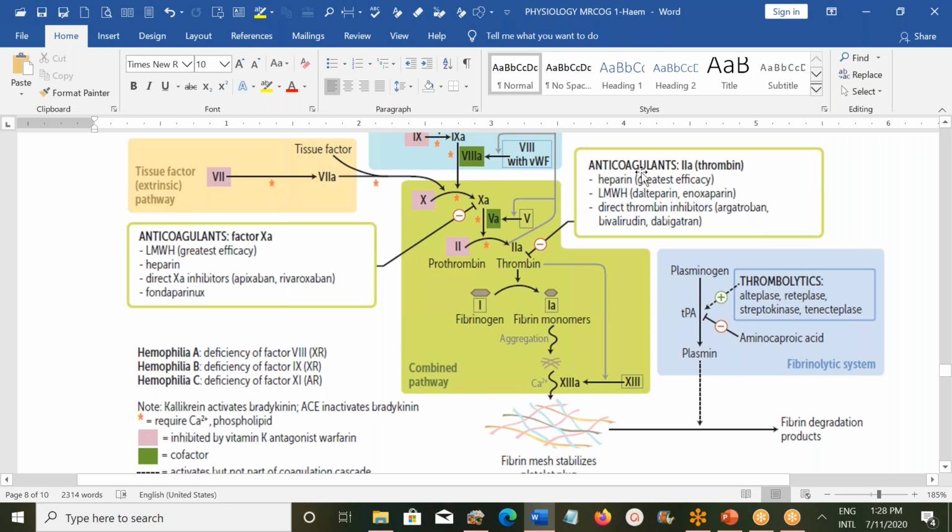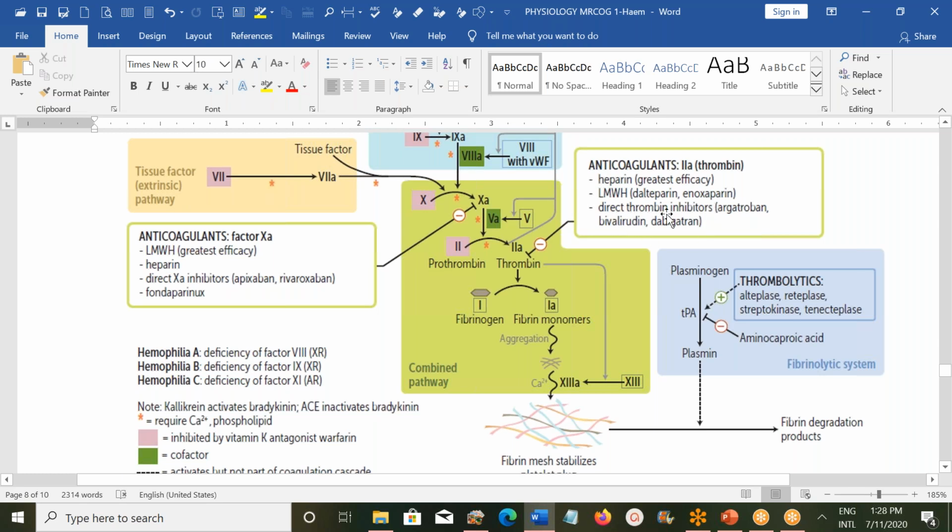Another type of anticoagulants is going to target thrombin. You should remember that some are focusing on activated factor 10 and some are focusing on activated factor 2. Here we include heparin, which has the greatest efficacy, then low molecular weight heparins like dalteparin and enoxaparin.